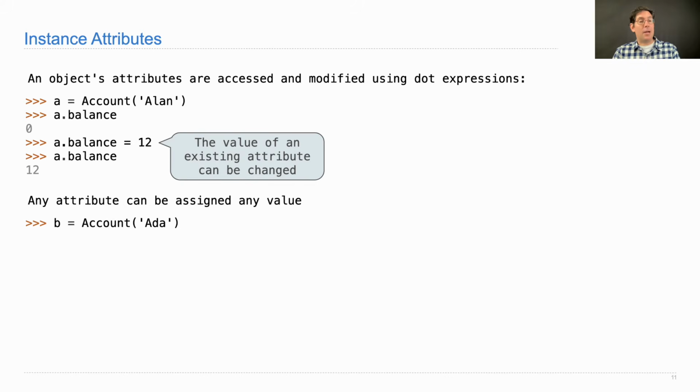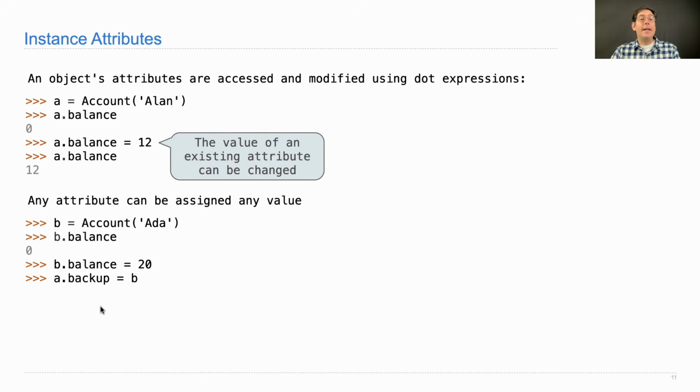Let me give you a more complicated example. B is a separate account for a different account holder. It has a balance of 0. Here we set it to 20. Here, I'm creating an attribute called backup on the A account, which I created earlier, and assigning it the value of the B account, which I also created earlier.